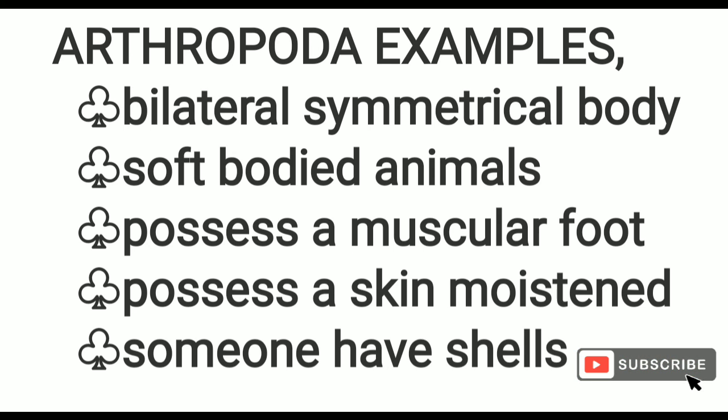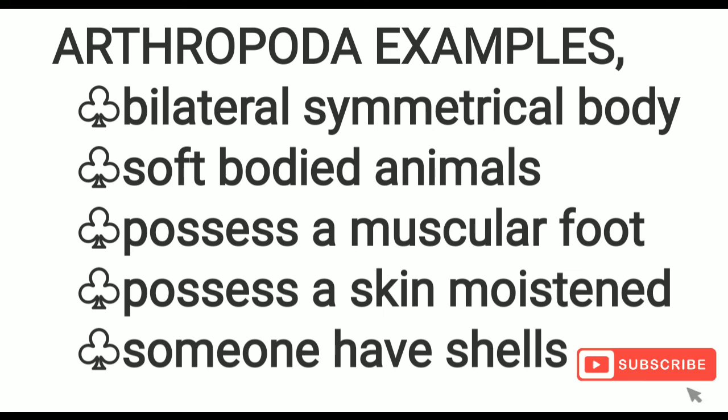You know bilateral symmetrical body means if the body of an animal can be divided into two equal halves along one axis, that is called a bilateral symmetrical body. Then soft bodied animals possess a muscular foot and moist skin, and some have shells.